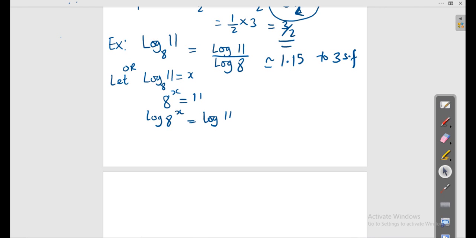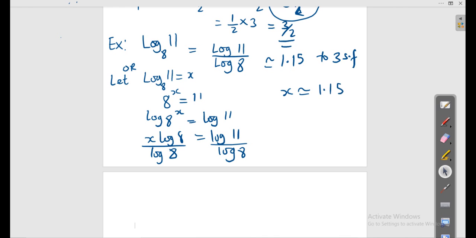This is a power, it becomes a multiplier. So you have x log 8 equals log 11. To get x, I divide both sides by log 8. And definitely my x will be approximately 1.15 to 3 SF. So this is how you use the law effectively.